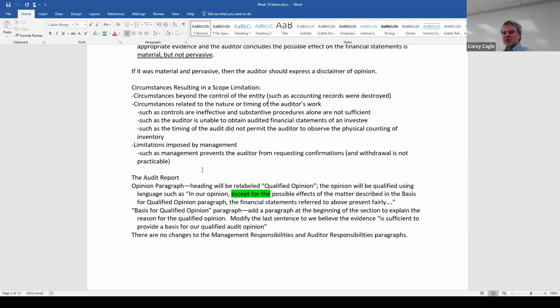No change to management responsibility section. No change to the auditor's responsibility section. Those stay the same. So with a qualified opinion, change the opinion paragraph to say, except for this, everything's presented fairly. And then in your basis, explain. Pretty easy, pretty straightforward. Good testable content for sure.